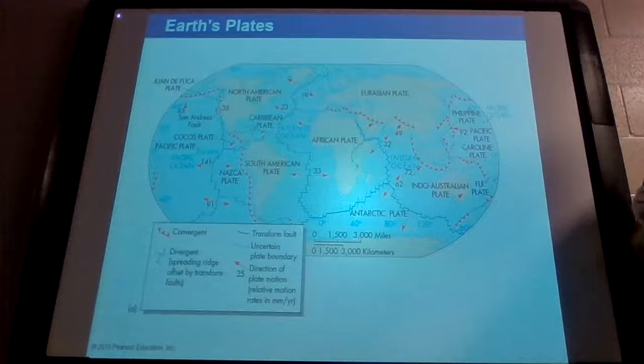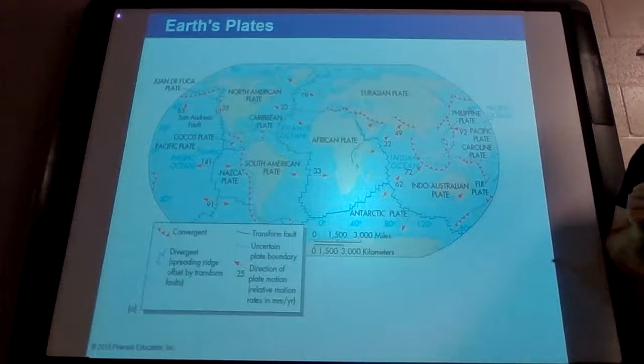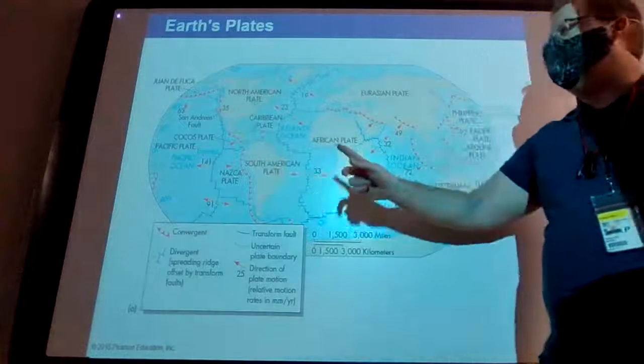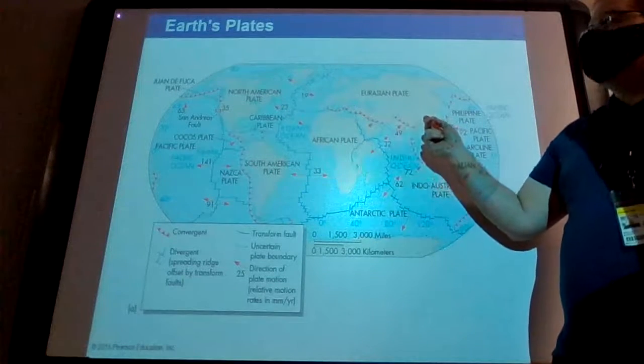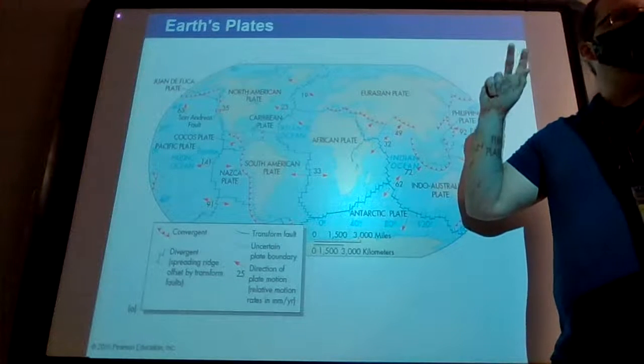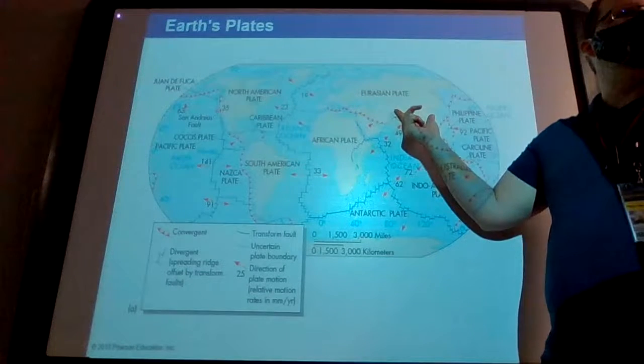And just remember, the plates match up to all the continents except for the Pacific plate. So we have the North American plate, South American plate, African plate. As for geography, we split up Europe and Asia into two different continents, right?